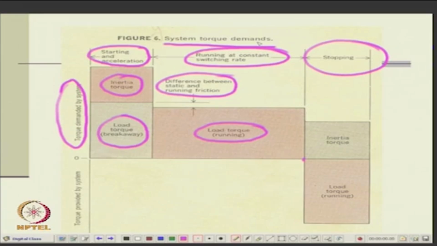What is stopping? You are killing the kinetic energy, you are destroying the kinetic energy to come to 0, okay. Now even in stopping there is inertia torque, and there is a running load torque. Now this is the torque demanded by the system, and this is the torque provided by the system.